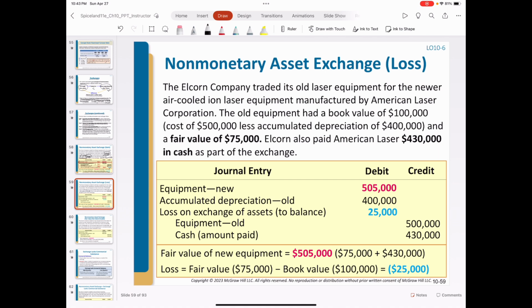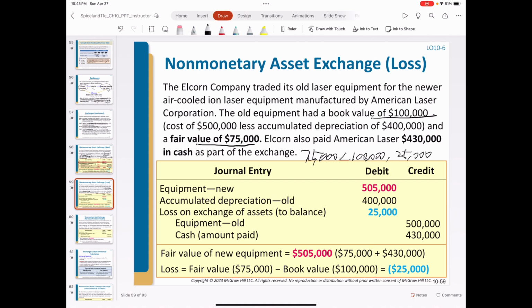A similar example: the book value of the old asset to be traded in is $100,000. The fair value is $75,000. In this case, $75,000 is less than the book value of $100,000, so the difference of $25,000 will be the loss to be recognized. We will talk about this later.